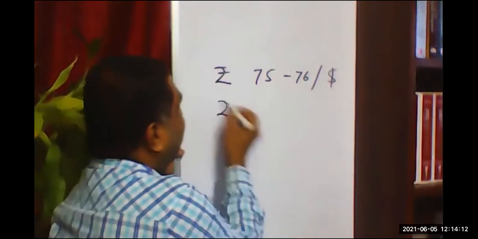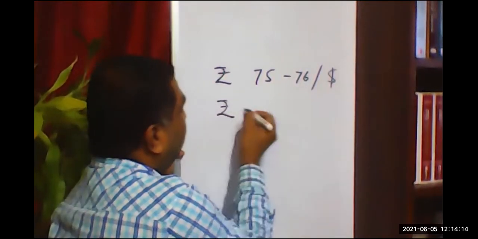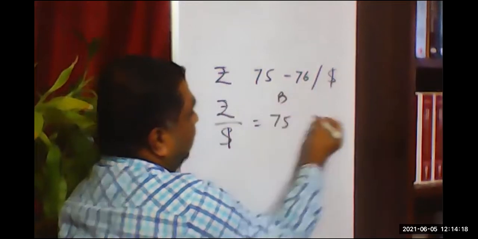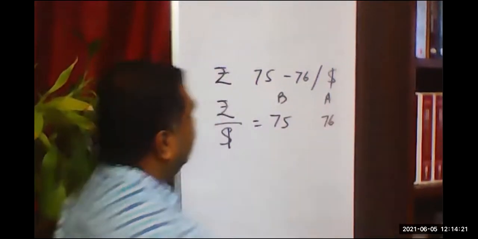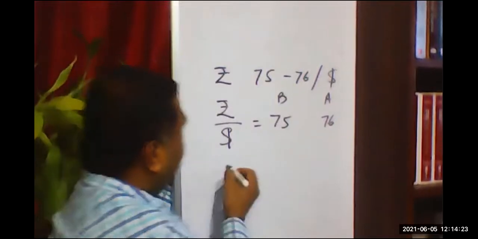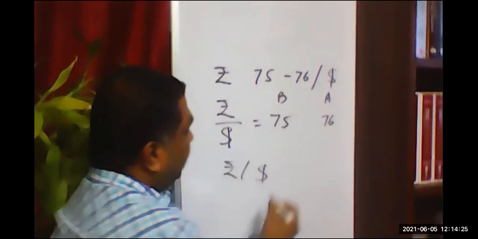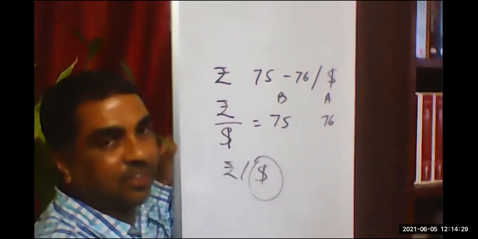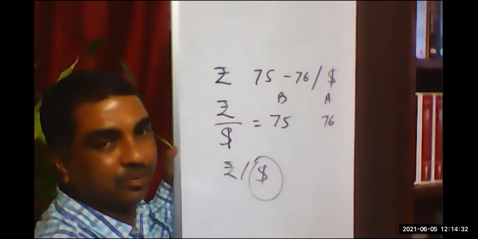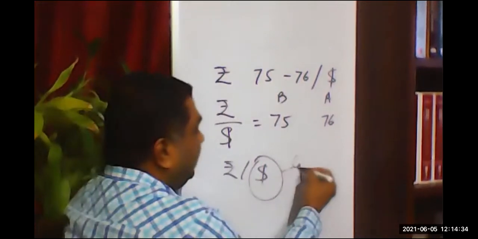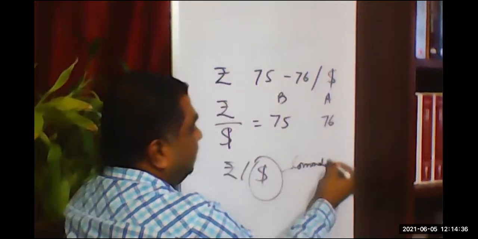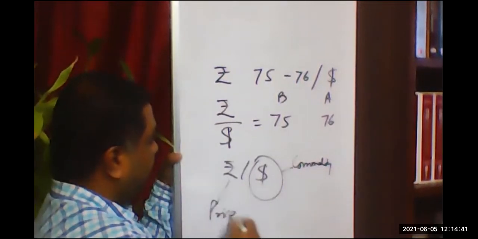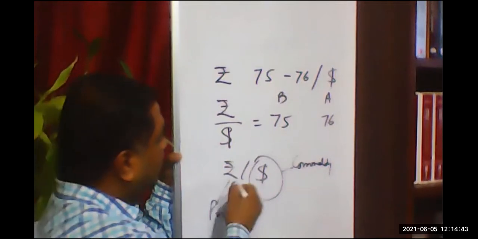So you can write this as rupee by dollar bid is equal to 75, or rupee by dollar ask is 76. In all these transactions, when you are writing rupee by dollar, you have to understand that this is the thing which is being traded. This is the thing which is bought and sold. So this is the commodity in the international market, and this is the price.